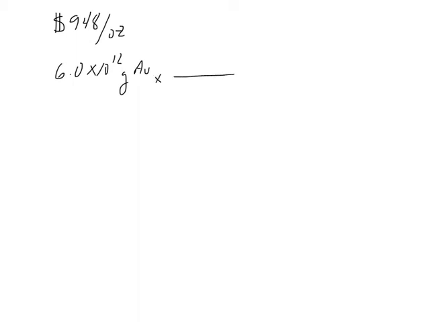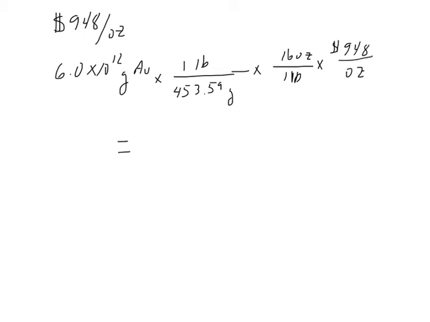So if I put 1 pound on top and the 453.59 grams on the bottom, and then I can convert pounds to ounces. There are 16 ounces for every 1 pound. And then just multiply by the price, $948 per ounce. And when we do this, we see that the value of all the gold in the ocean is 2.0 times 10 to the 14th dollars.